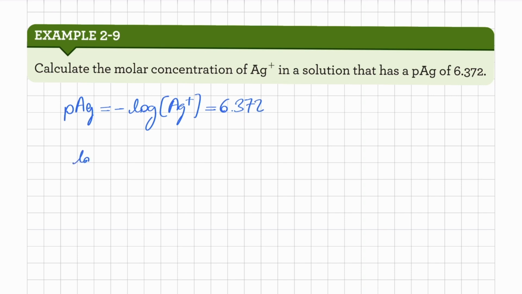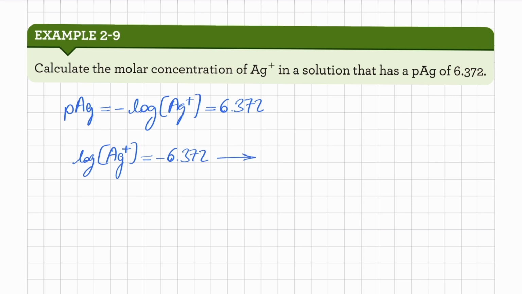Now we can say logarithm of silver ion's concentration is minus 6.372.